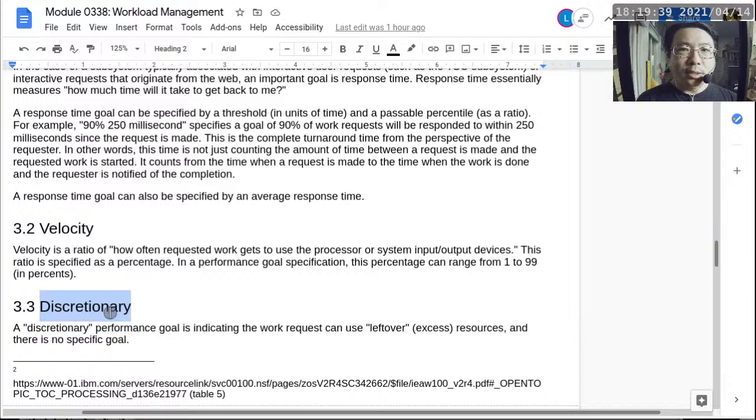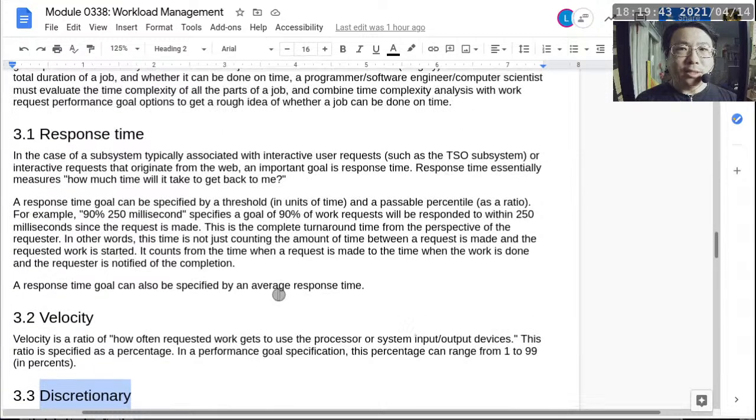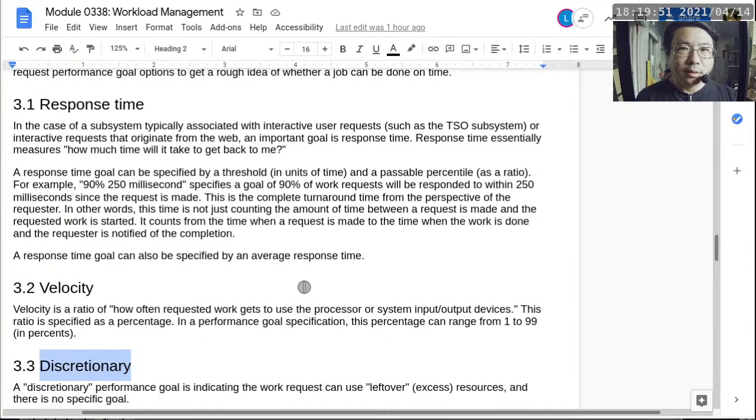When one says we'll use the excess resources, it doesn't make sense to specify response time or velocity at the same time. So it is my understanding, which can be incorrect, that you can only specify one of these 3 when you want to specify a performance goal.